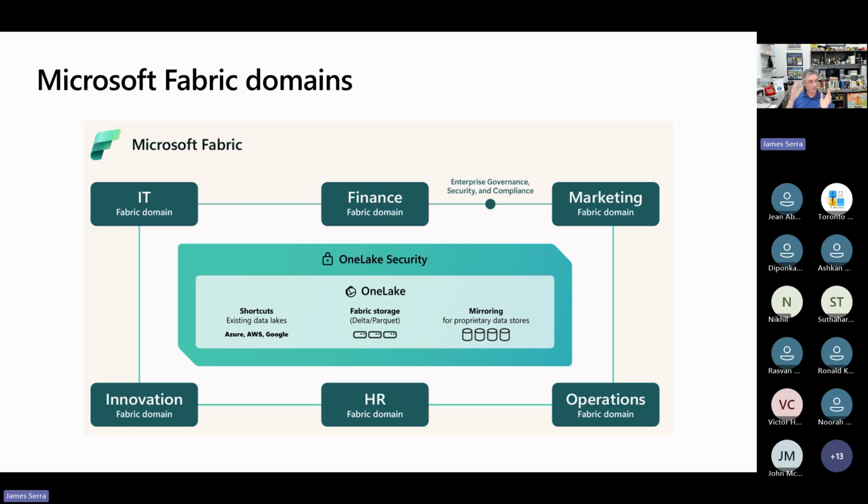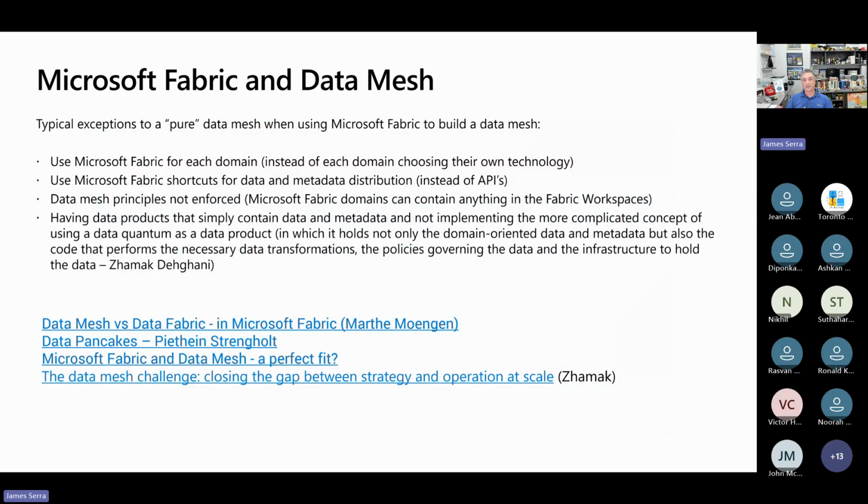Now, what's challenging about that is there's nothing that says you have to follow the 4 principles to create a domain. I can create a domain that's called HR, but it could have marketing data in there. So there are a lot of best practices you have to follow to make sure you're going along that data mesh route, because there's nothing built in for that. And so there are a lot of data mesh exceptions if you're using Microsoft Fabric.